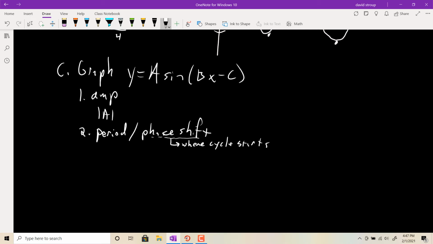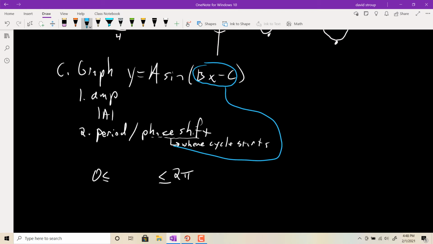The way we do it is similar to what we did before. You wedge the guts of the sine function in between 0 and 2 pi. Before we put x in there, then bx in the next variation, and now in this variation you put that whole bx minus c in there and solve for x.